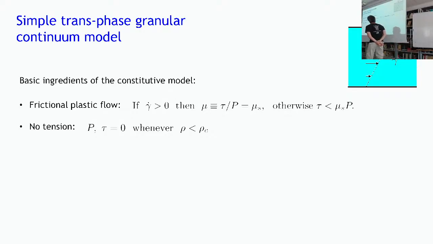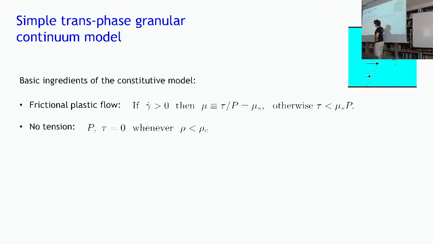Now, another important part that's often not mentioned in soil mechanics textbooks is this very important thing, which is that you cannot pull on sand. Okay, there's a no tension criterion, so you cannot pull on it. So how do you quantify that? Well, let's say that there is some close packed density called rho c, which is characteristic of the material.